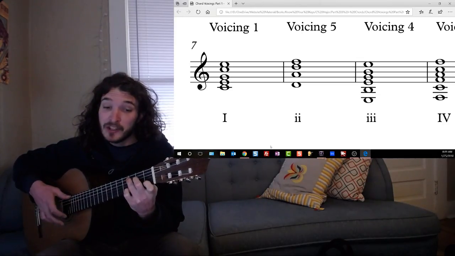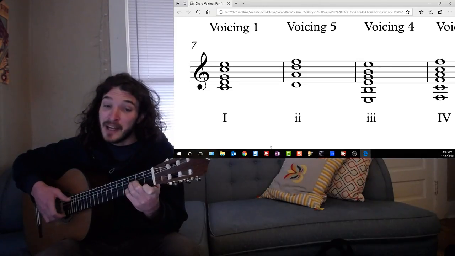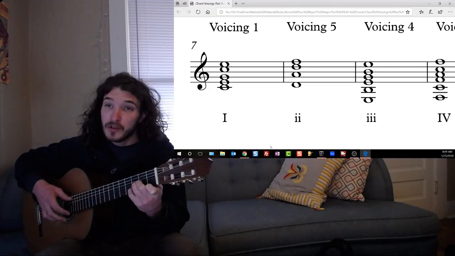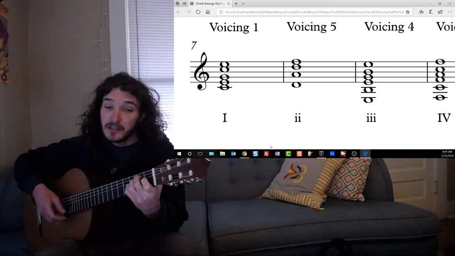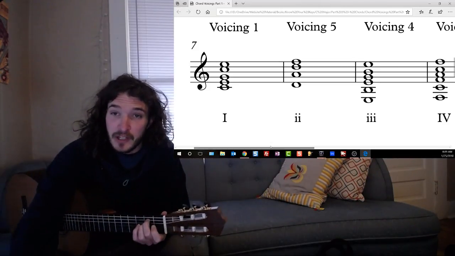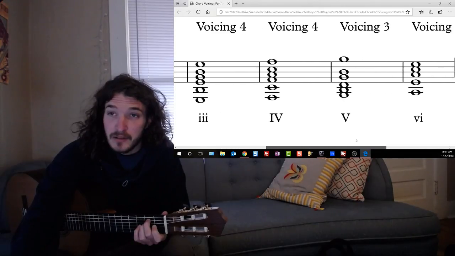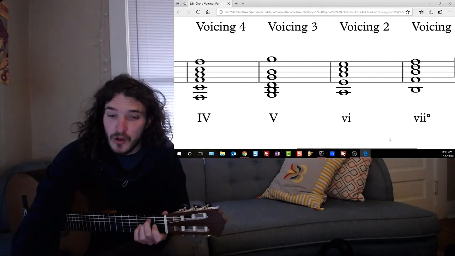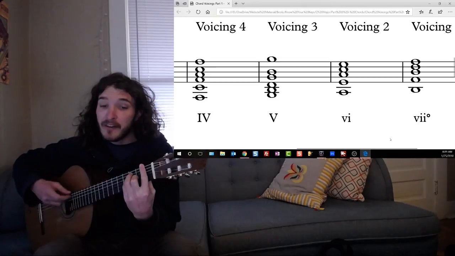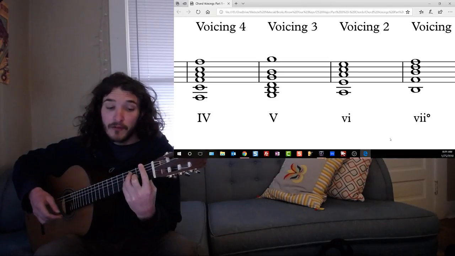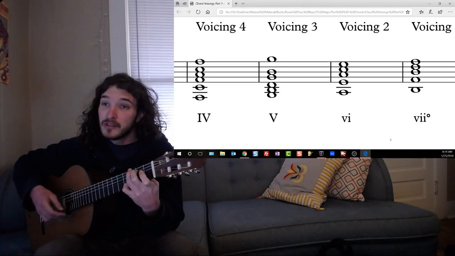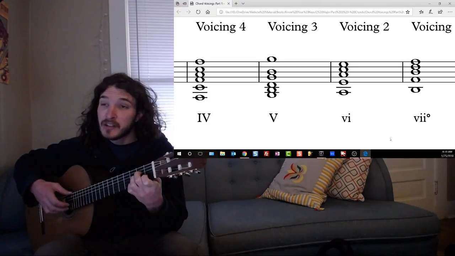So we have C major for the first chord in our key. Then D minor is our 2 chord. E minor is our 3 chord. Scroll over. Our 4 chord is F major. Our 5 chord is G major. Our 6 chord is A minor.